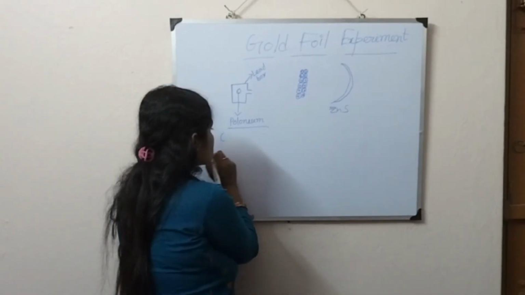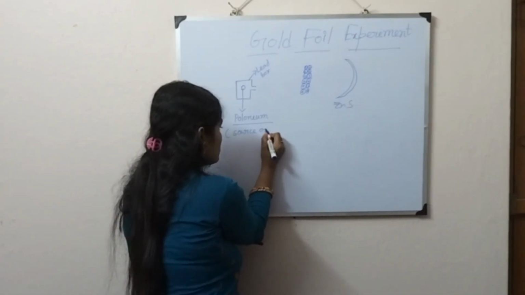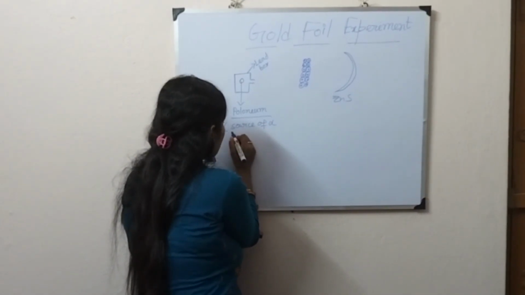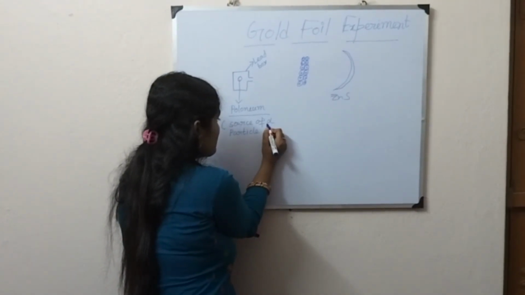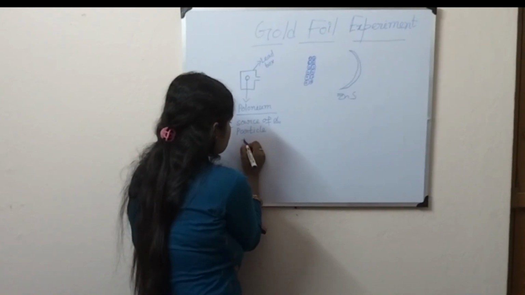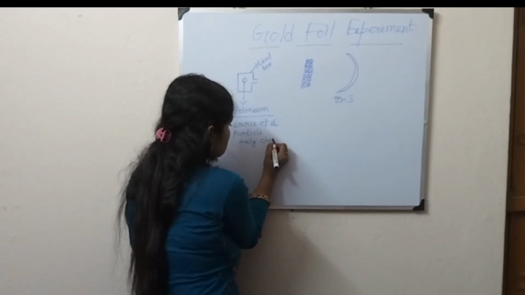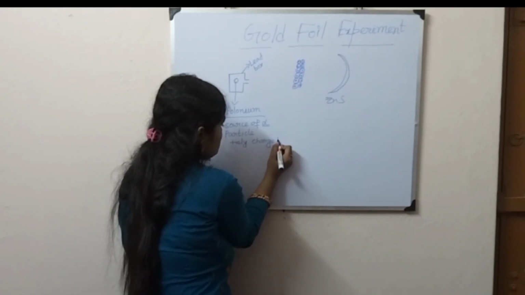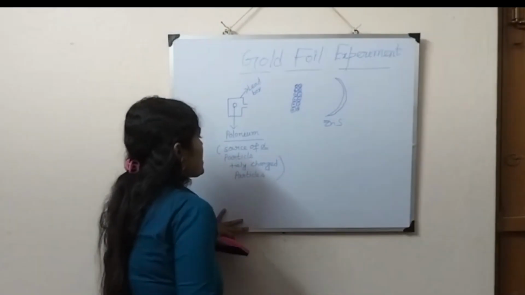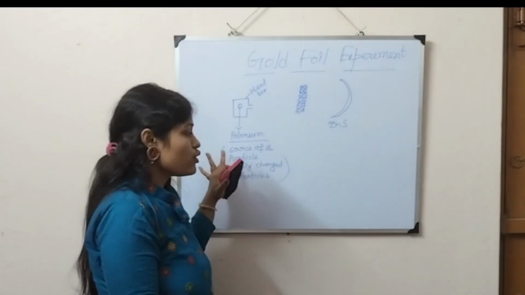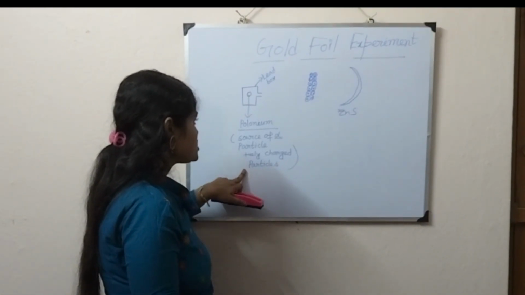Because it is a source of alpha particles, and alpha particles are positively charged. So for this reason he used polonium as a source of alpha particles, that is positively charged particles.